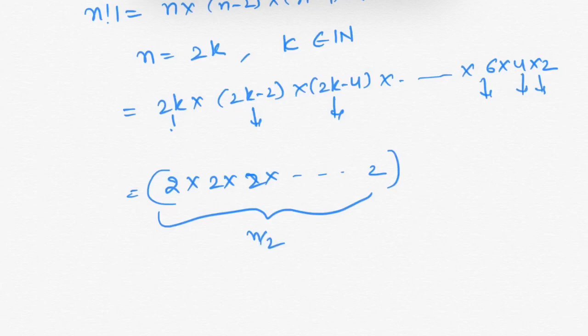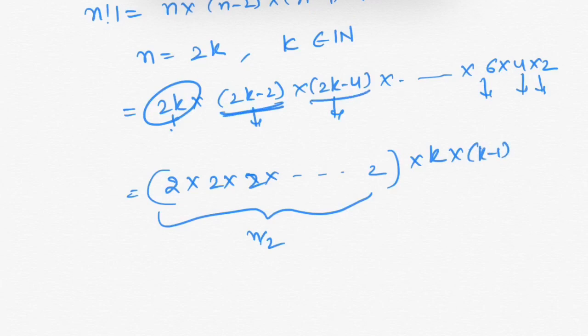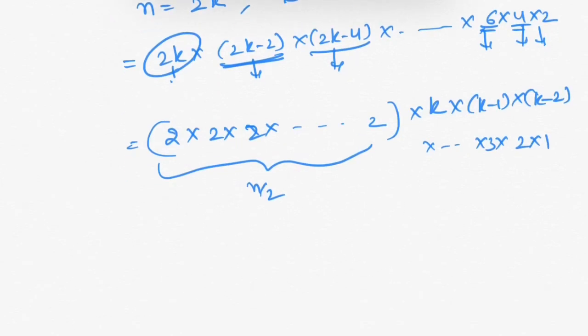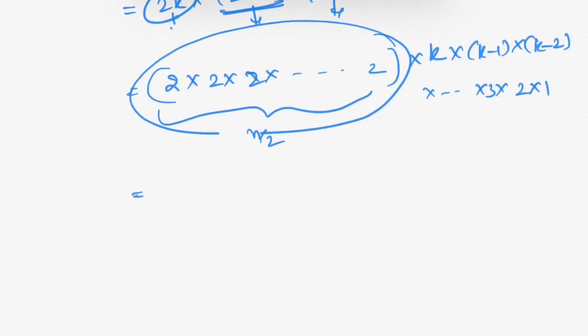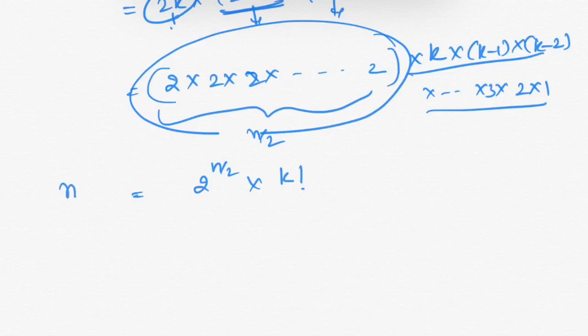On taking common 2 from this term we have k, from this term we have k minus 1, similarly from here we have k minus 2 and so on, and when we take common 2 from 6 we have 3, and when we take common 2 from 4 we have 2 into 1. Now this is 2 raised to power n over 2, into, and this is factorial k.